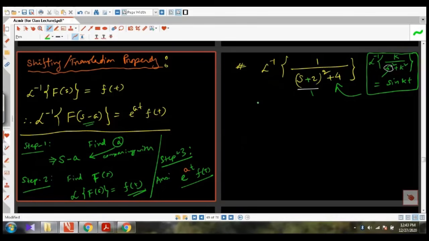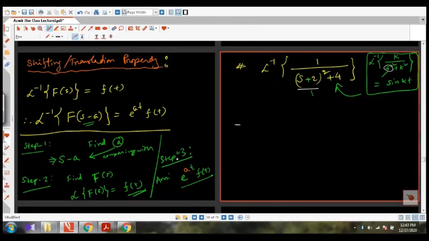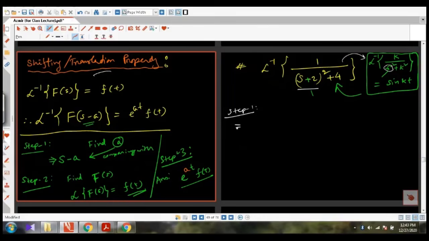You will understand whatever I have mentioned here if we try to solve this problem. So you can understand that in step 1 this problem is going with this formula, but the problem is here we have s and here we have s plus 2, so that is definitely going with the shifting property.